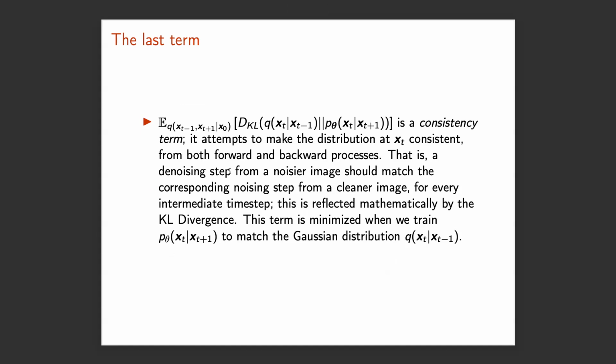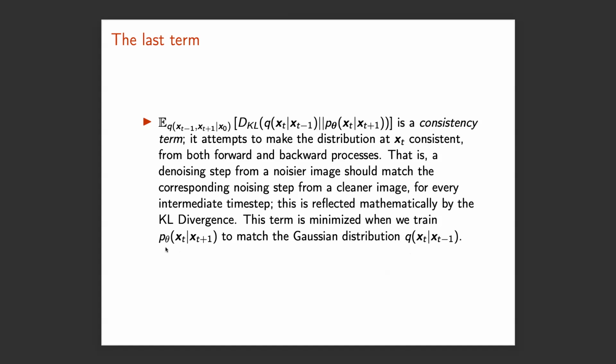We would typically have a denoising step from a noisy image that should match the corresponding noising step from a cleaner image, for every intermediate time step. This is mathematically seen in this divergence here. When the two probabilities match each other, then that term goes to 0. So this term is minimized when we train to match a Gaussian distribution. So the training is included in the parameters theta here.